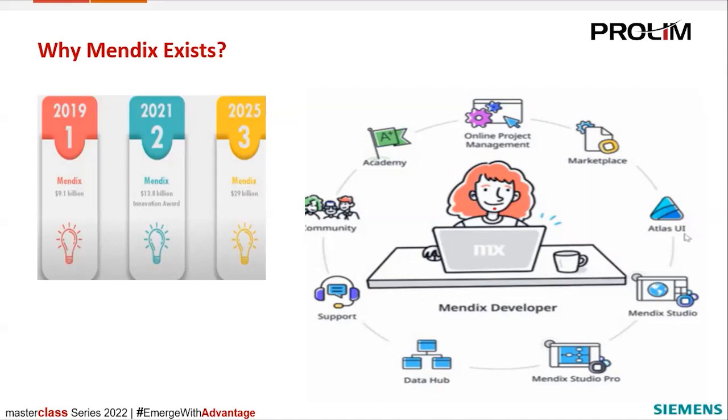Here in Mendix, we give solutions very quickly and in a very short time with beautiful interfaces, which other technologies like Java or Python cannot do in a short time. They can, but they will ask you to pay for that, and they will take much more time to do that.